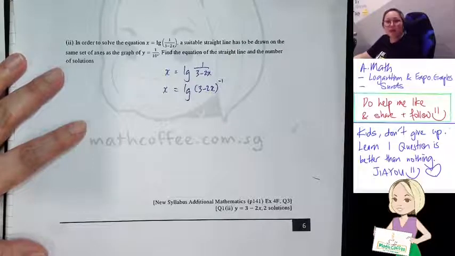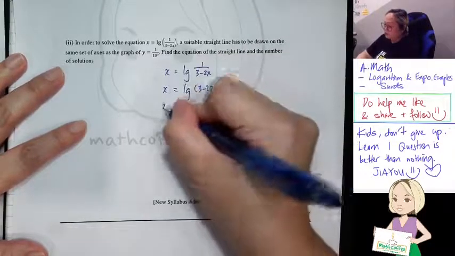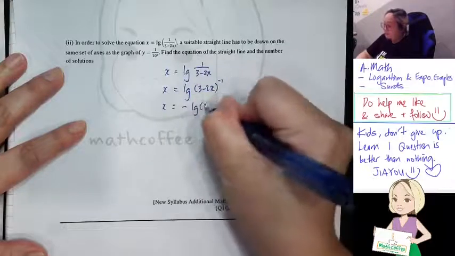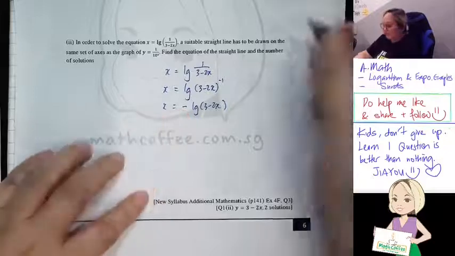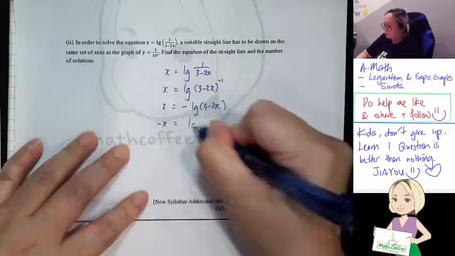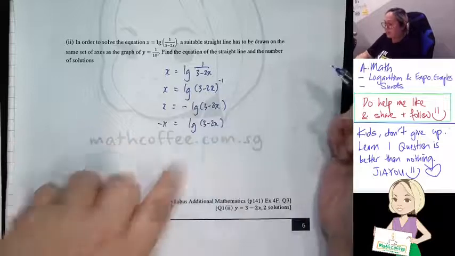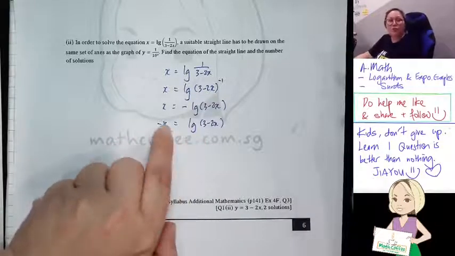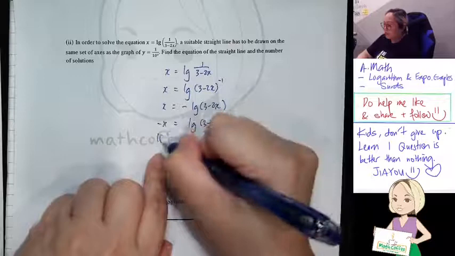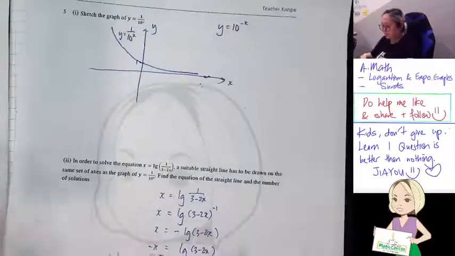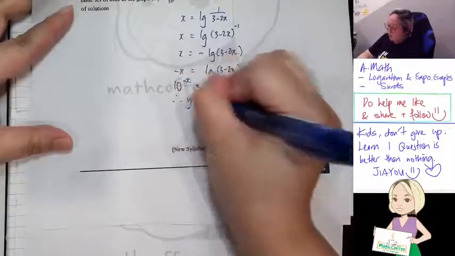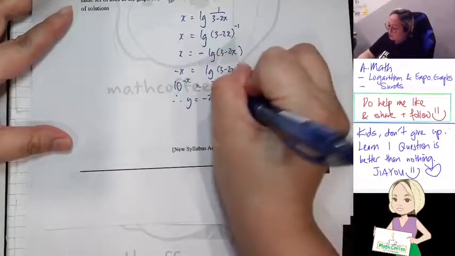Then power law bring down, so x equals to minus log 3 minus 2x. I can bring the minus to the other side, so it becomes minus x equals to log 3 minus 2x. Log is base 10, change to index form, so it becomes 10 to the power of minus x equals to 3 minus 2x. And ta-da! I have my 10 to the power of minus x. Therefore, y equals to minus 2x plus 3.